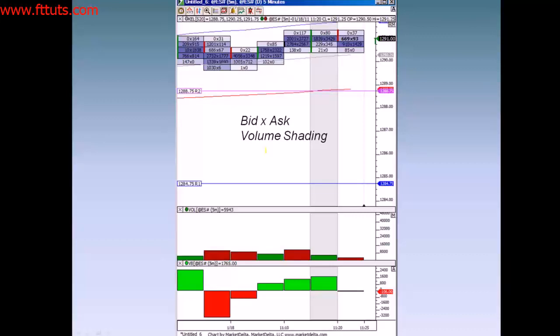But instead of showing us just one number for the entire volume at that price level, I still want to see the bid and ask, but now in terms of representation of the magnitude of volume. I'm interested in looking at which way volume is moving. Are they moving again upward or downward in terms of trading volume?